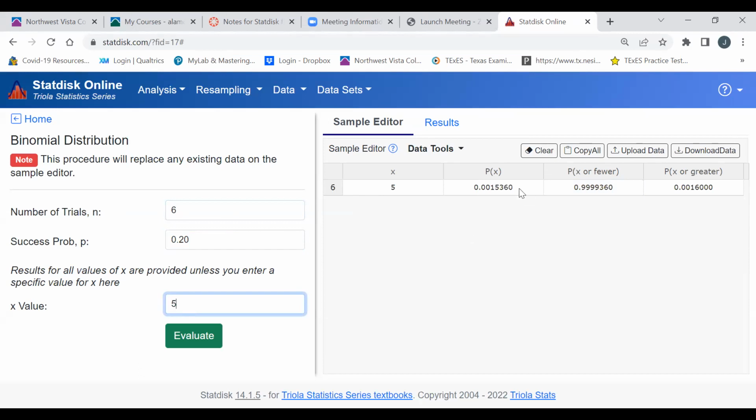All right, 5 exactly. Here it is. It is under the P of X column. So if I round this one off to 3 places, that would equal 0.002, not 0 plus, because this one has enough digits to round. 0.002.